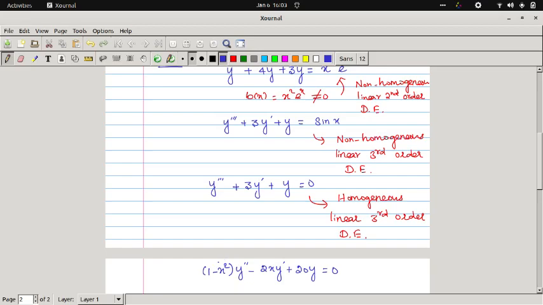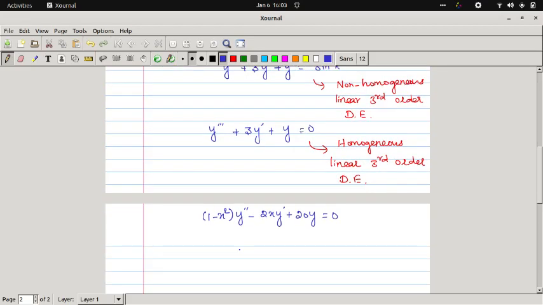Please assume that x equal to plus or minus 1, this guy is 0, so a naught of x, from our definition, becomes 0. So our domain does not contain those points.